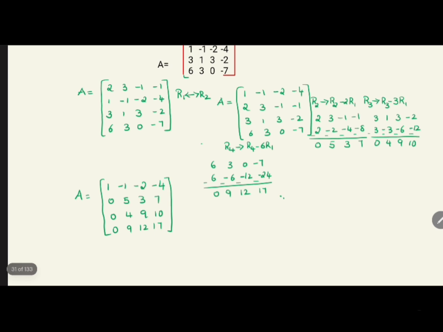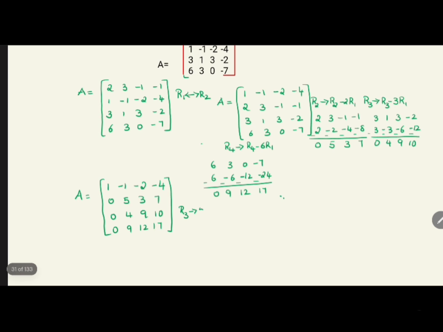Now what is the next step? I should make the elements below A22 zero. So this is A22, right? So these are the elements below A22, to be made 0, making use of R2. So what will be the operations now?